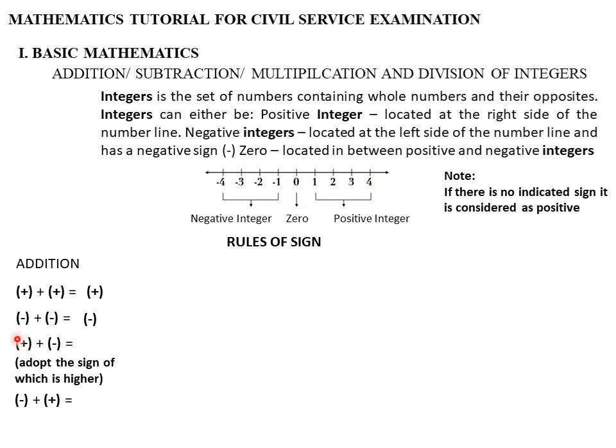If the positive is higher, then the answer is positive. If the negative is higher than the positive, then the answer is negative. Same for the sum of negative and positive, adopt the sign of whichever is higher of these two numbers. Okay, so that is the rules of sign for addition.